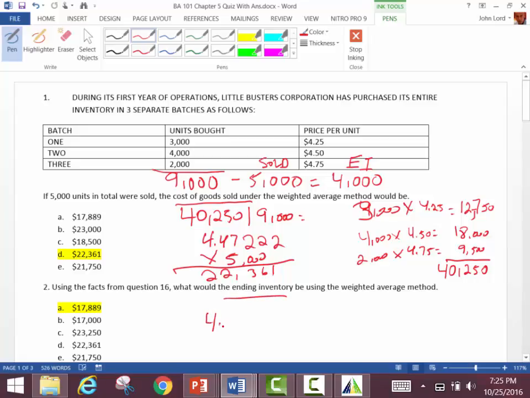So now I've got 4,000 left in ending inventory. Good. And that gives me what? 8,889 there, give or take. Right? Okay, good. Very good.